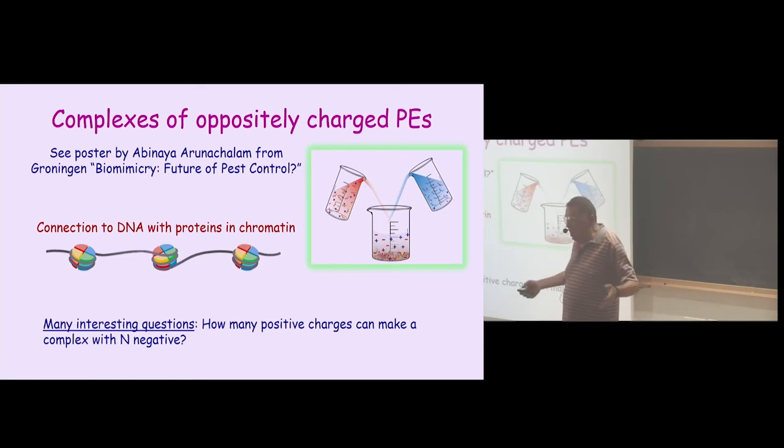So among the applicability conditions of this picture that I presented is the assumption that there are not too many of these pluses and minuses along the chain, such that pieces of chain between neighboring charges are sufficiently flexible. If they are sufficiently flexibly arranged, the sequence is not particularly important.